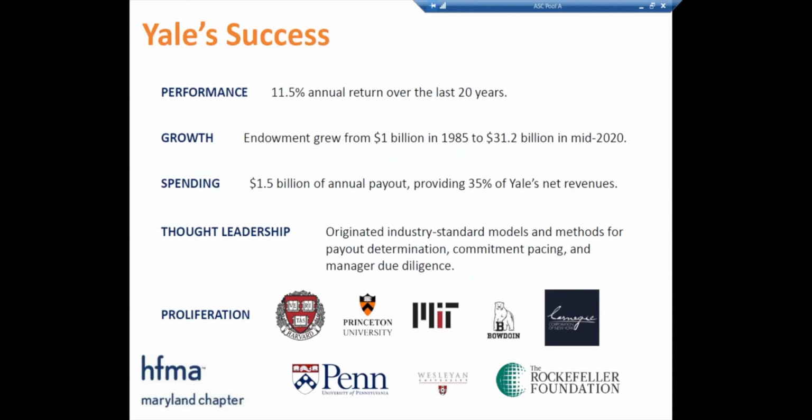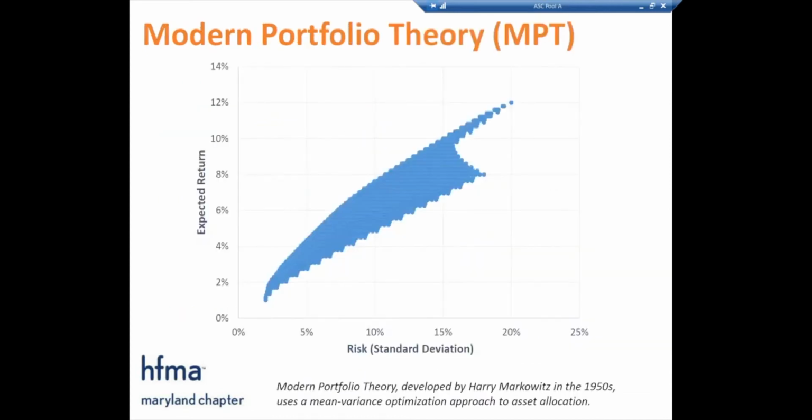People who were senior investment professionals in the Yale Investment Office at one point or another, many of them still are chief investment officers at Harvard University, Princeton, MIT, Bowdoin, the Carnegie Corporation, University of Pennsylvania, Wesleyan, and the Rockefeller Foundation. Many of those have also experienced a lot of success generating top of peer group returns by employing the same endowment model.